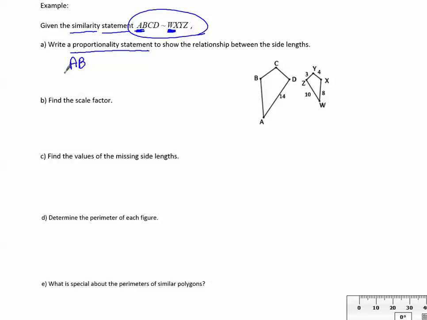So side AB corresponds with side WX. So AB over WX equals, now look at another pair of sides, BC and XY.